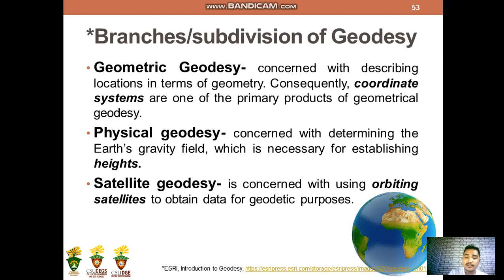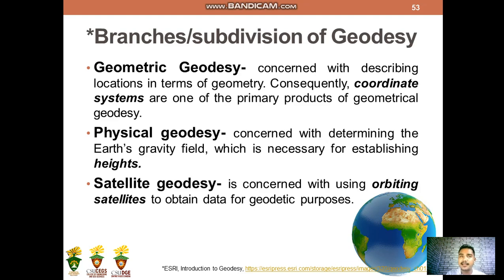From the orbiting satellites, we can communicate with them so that we can obtain data for our geodetic purposes, such as satellite images, and also for the determination of the exact location.